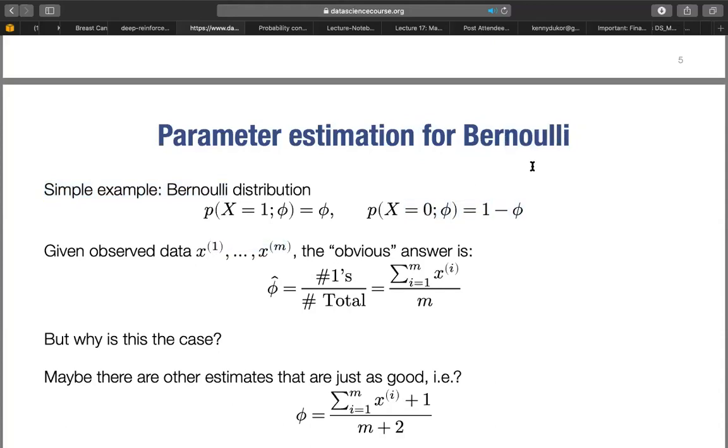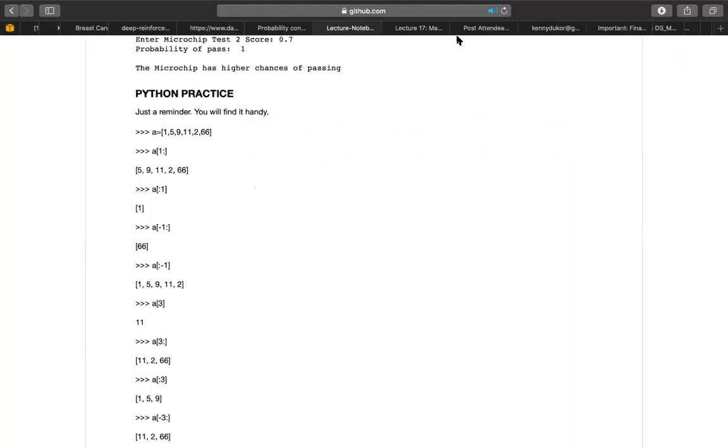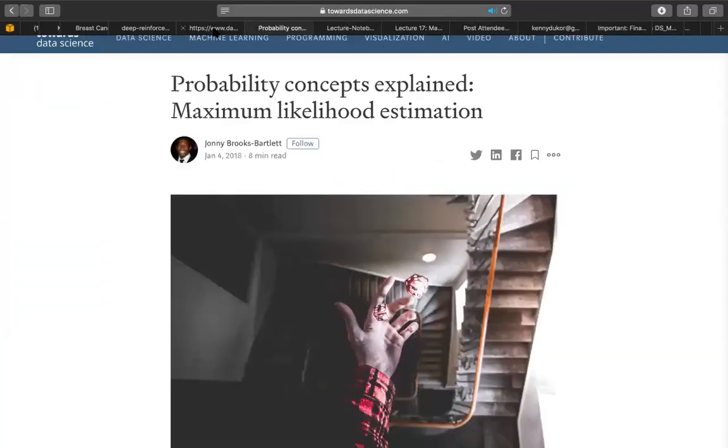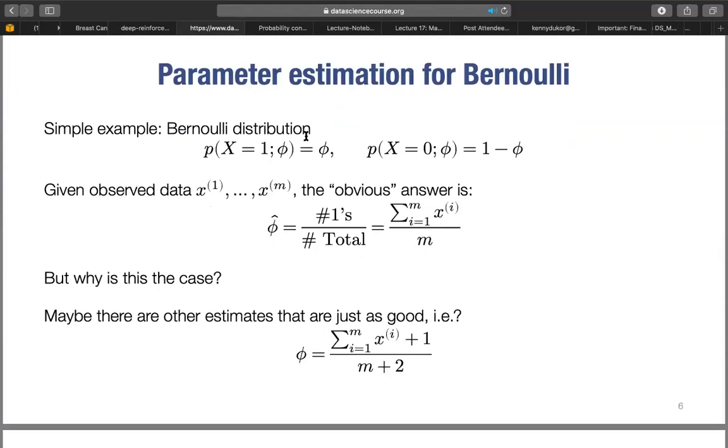And if the probability of having heads is say 70%, it invariably means the probability of having tails, let's say tails is 0, will be 1 minus 0.7. So the probability of having tails will be 1 minus 70%. That's why we have this here.